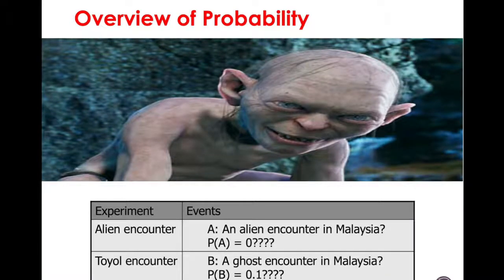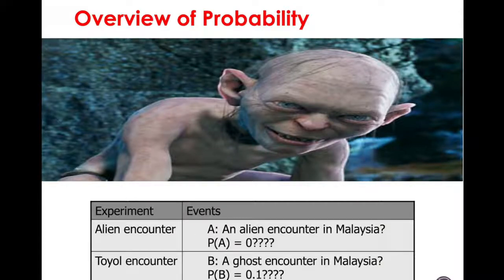Okay, the general overview of probability. The experiment is an alien encounter. The event is A, an alien encounter in Malaysia. So let's say the probability of A, the alien encounter in Malaysia, might be zero, right? Maybe there are some.